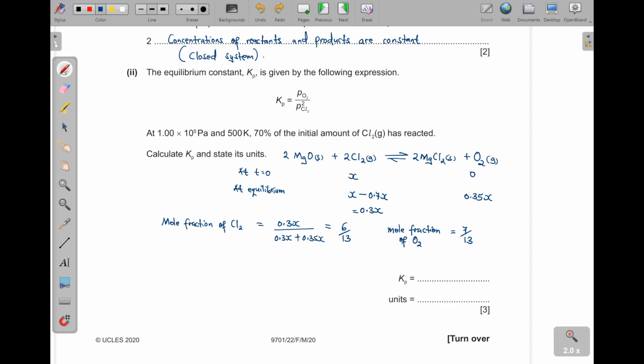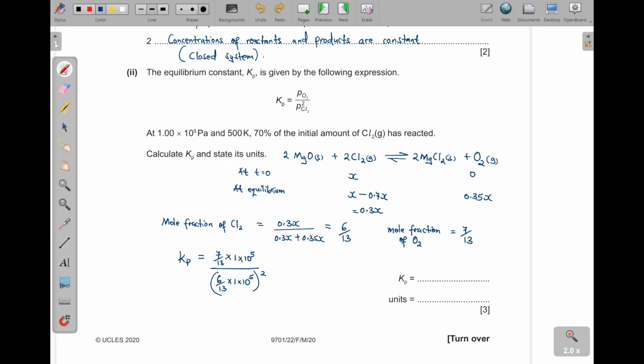Then for us to get the Kp, we have to get the mole fraction of oxygen, which we have here as 7 over 13. That's the mole fraction. Then times the total pressure, that is how you get the partial pressure. The partial pressure of oxygen is going to be its mole fraction times the total pressure, so times 1 times 10 to power 5. Then here we shall have 6 over 13 times 1 times 10 to power 5, but this one is squared.